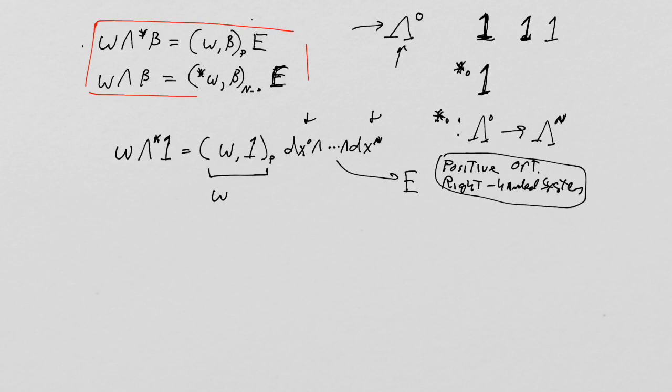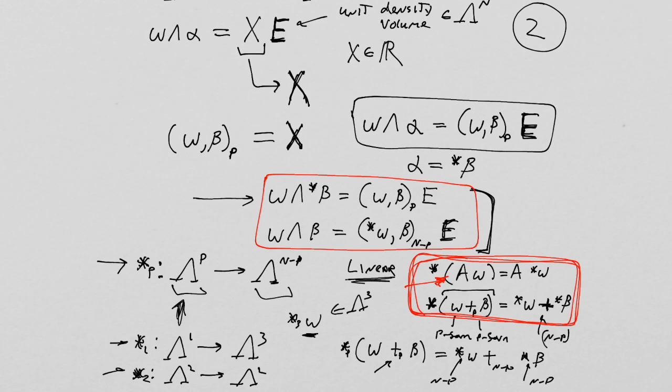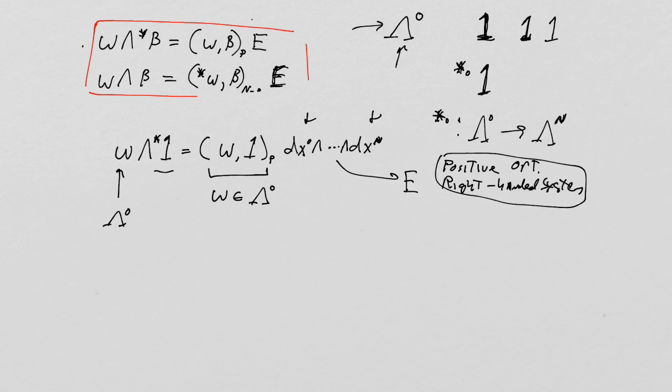Well, this only makes sense if omega is an element of the zeroth exterior power, right? So what this is saying is that an element of the zeroth exterior power wedged with an element of the Hodge dual, this guy has got to be an element of the nth exterior power. But that's exactly what it is.